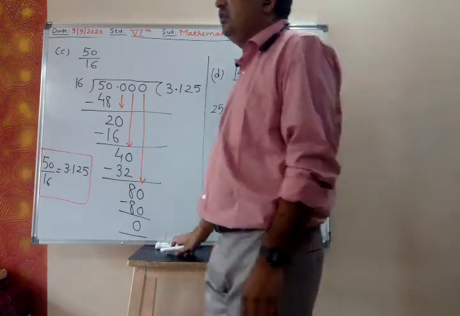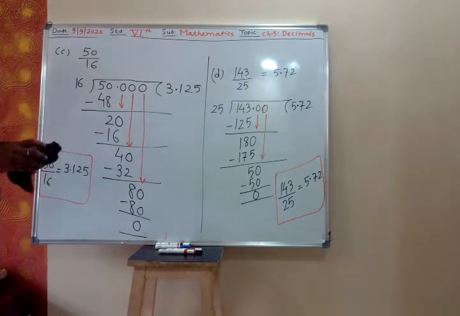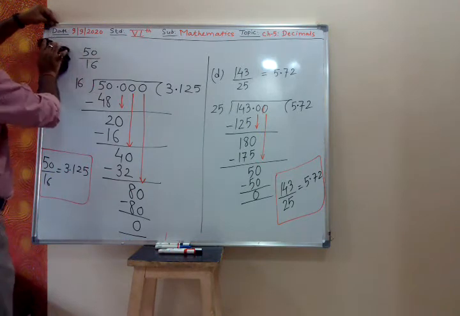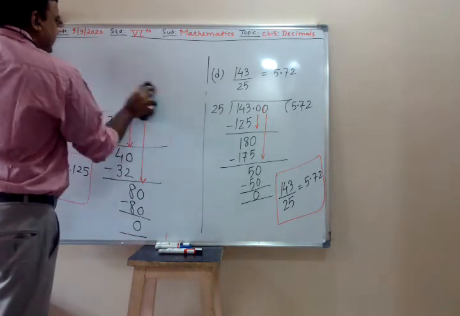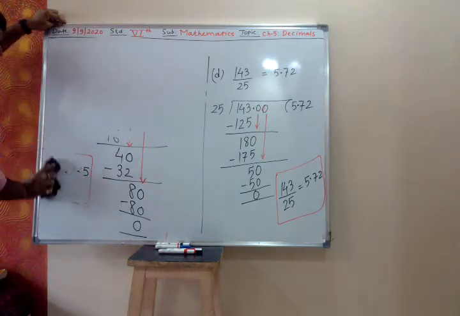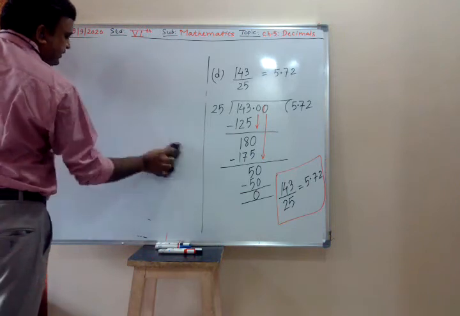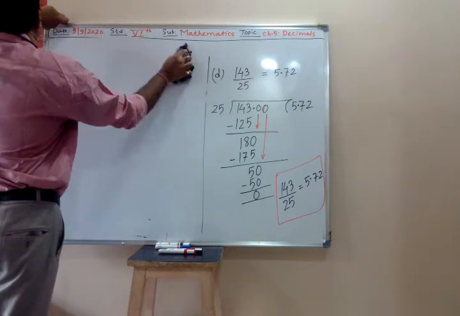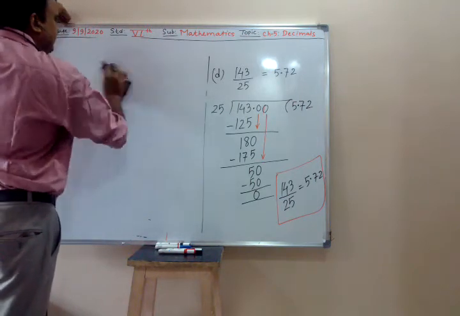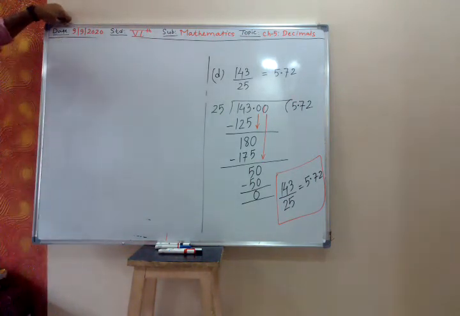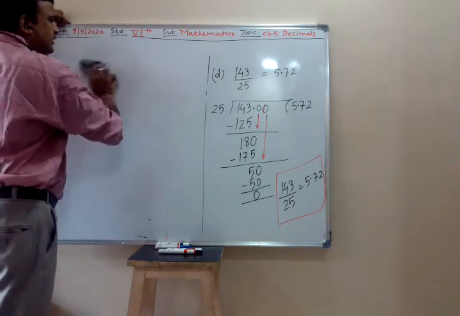So go on adding 0 to the right of the decimal till we get the remainder as 0.